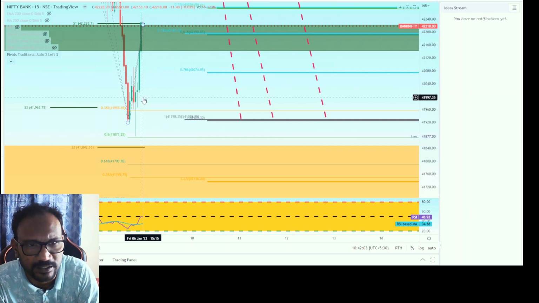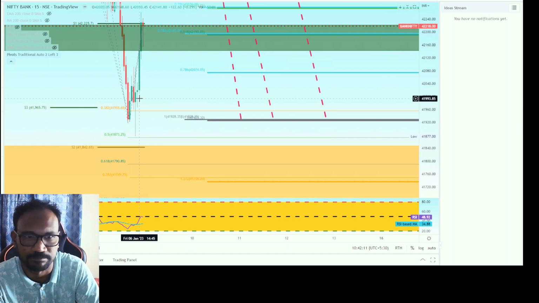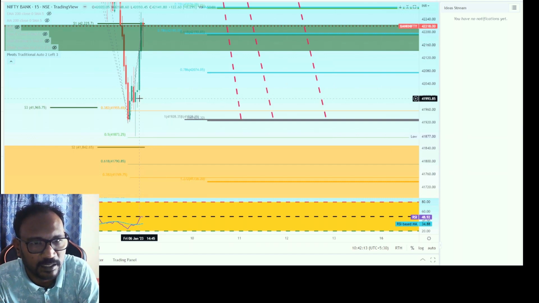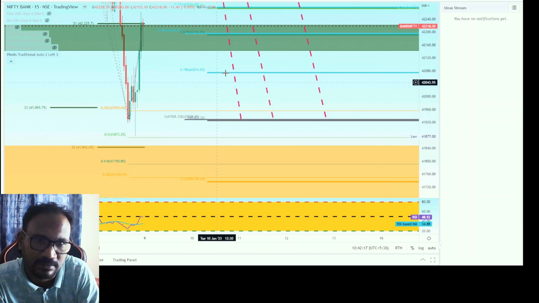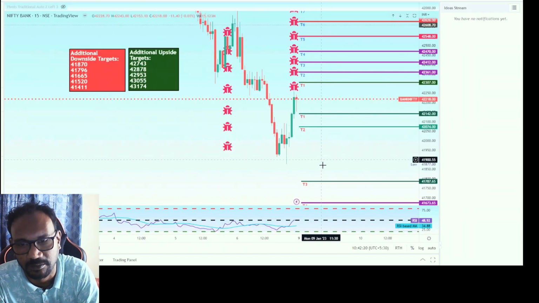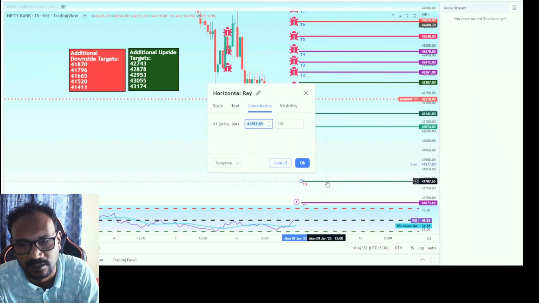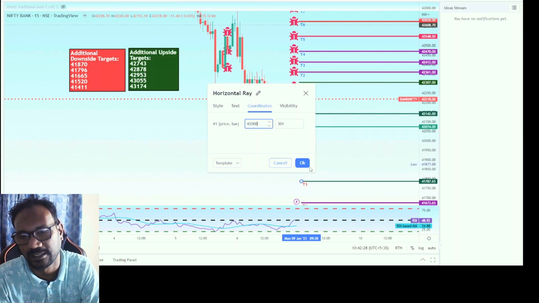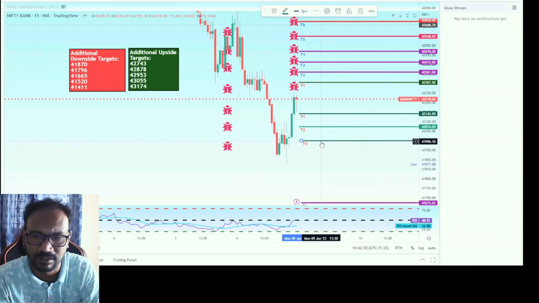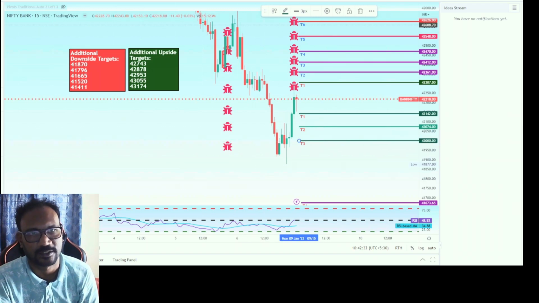Under this sort of condition, I will take this red candle's middle, which is 41,994. But 42,000 itself is a round number. So for convenience, we'll take 42,000, right? Because that's a round number, it will usually act as a good support or resistance.